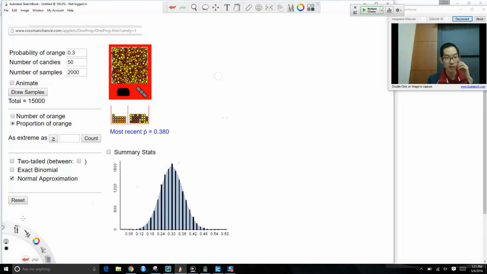Okay. So here we have a simulated creation of a sampling distribution.